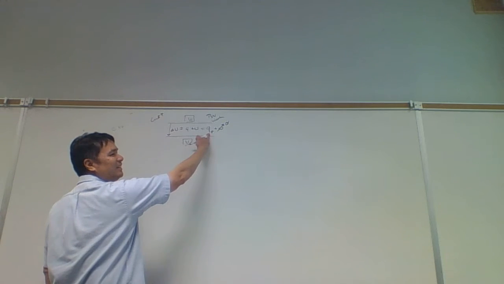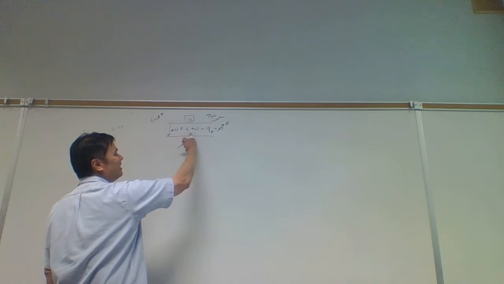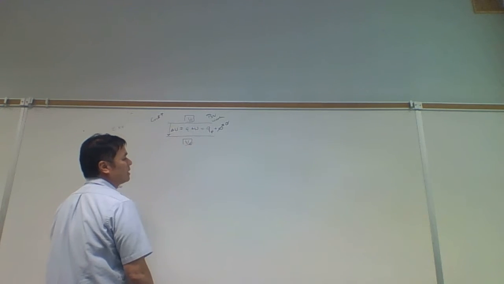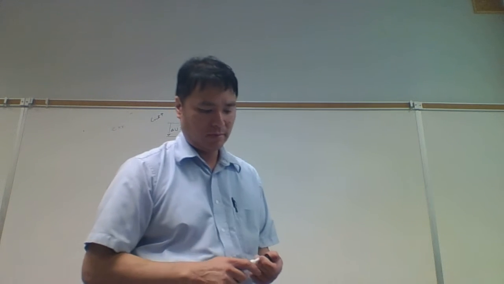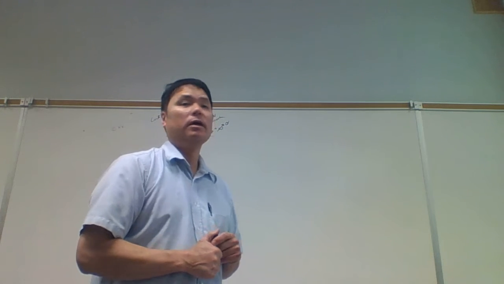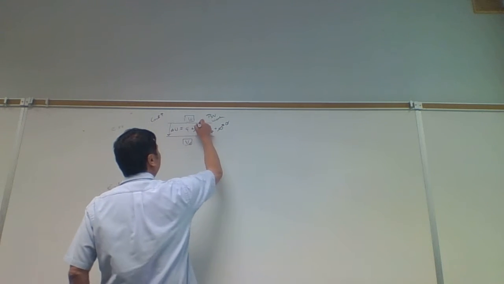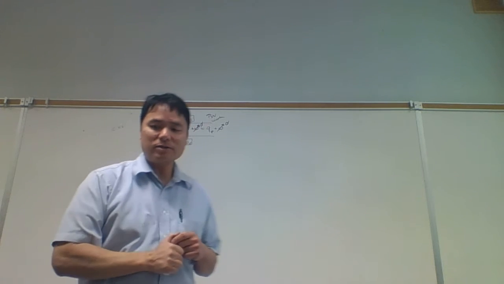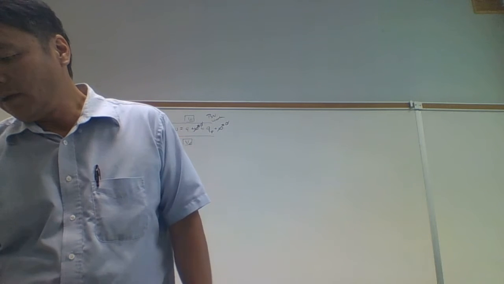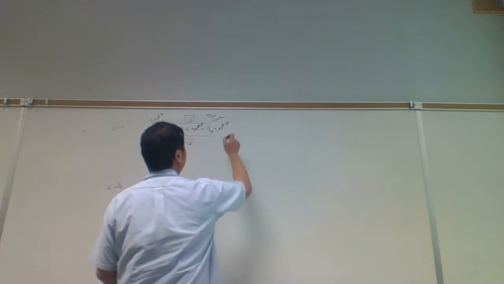Q is equal to QP. It doesn't matter here because the work is 0. If the work is 0 under constant pressure conditions, then delta U is equal to QP. But we already know that QP is equal to delta H. And so delta U and delta H are the same thing.